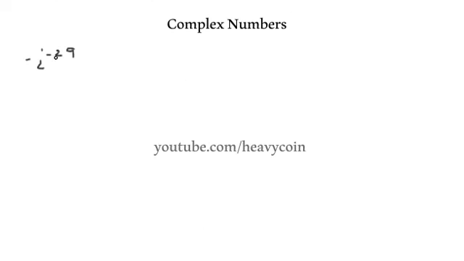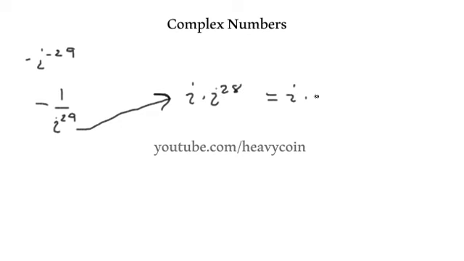Okay, this is -i raised to the -29. I'm going to rewrite this. This is -1 over i to the 29th. And of course, this part here, we're just going to focus on that. That can be written as i times i to the 28th. I times i squared, and all of this is going to be raised to the 14th. Right, breaking up this 28, 2 times 14.